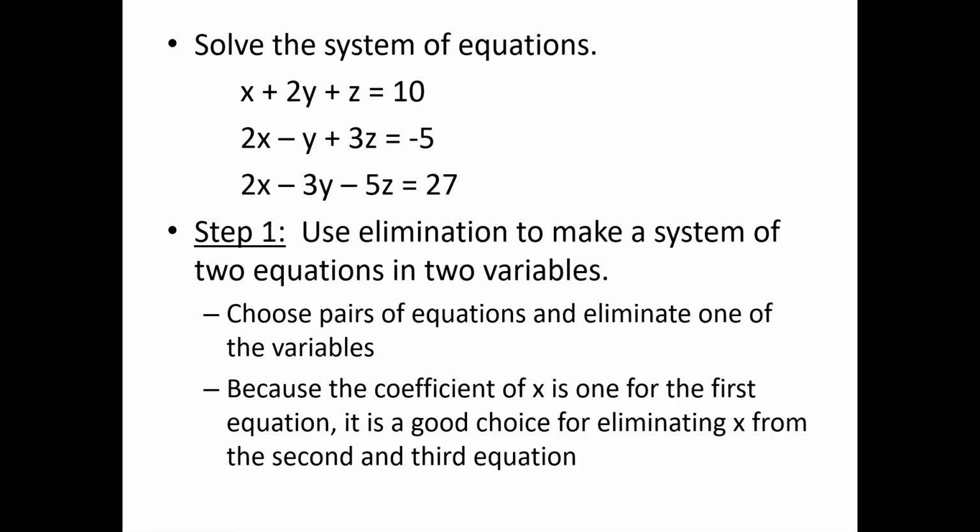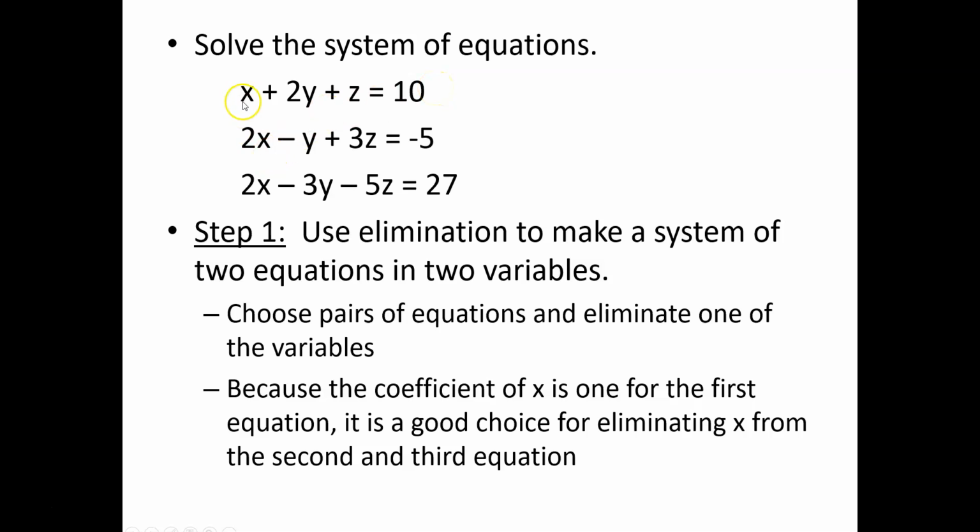We have a system of equations here with three variables in three equations. What we're going to do first is use elimination to make a system of two equations in two variables. So you're going to choose pairs of equations and eliminate one of the variables. One of the equations you're going to use twice, the other ones you're just going to use once.